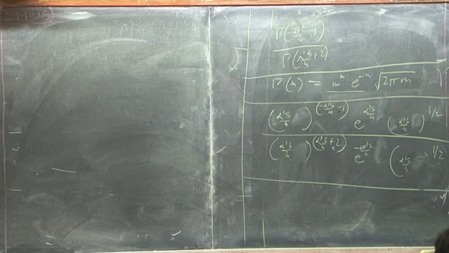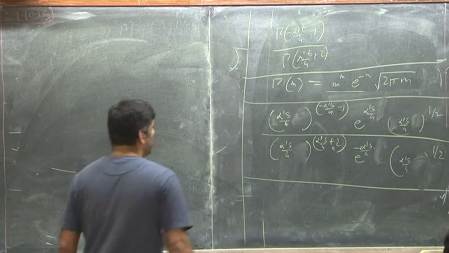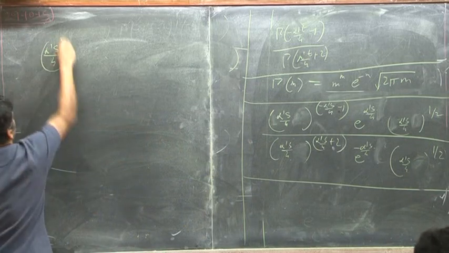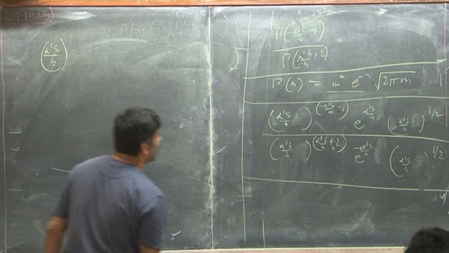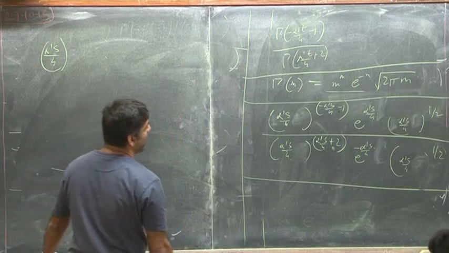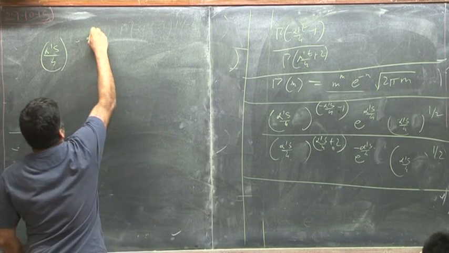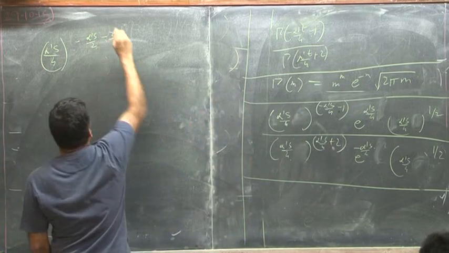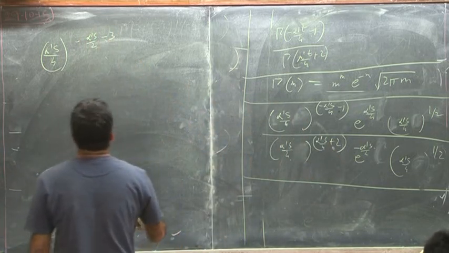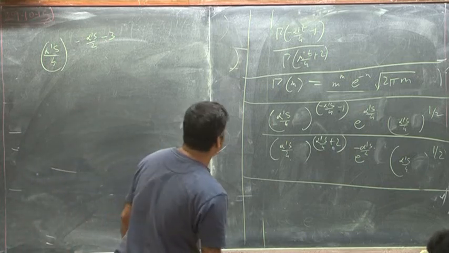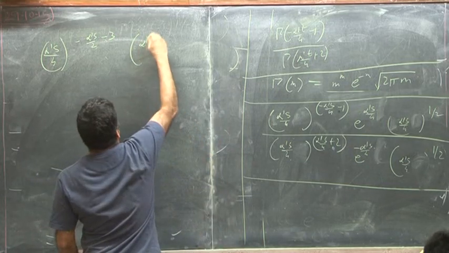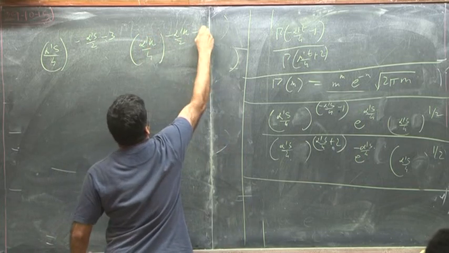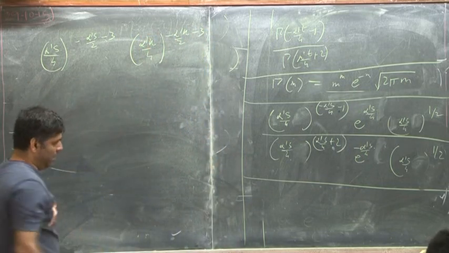Absolutely. Yes. Excellent. So now what we get is alpha prime s by 4 to the power minus alpha prime s by 2 minus 3, and similarly we get alpha prime u by 4 to the power minus alpha prime u by 2 minus 3.